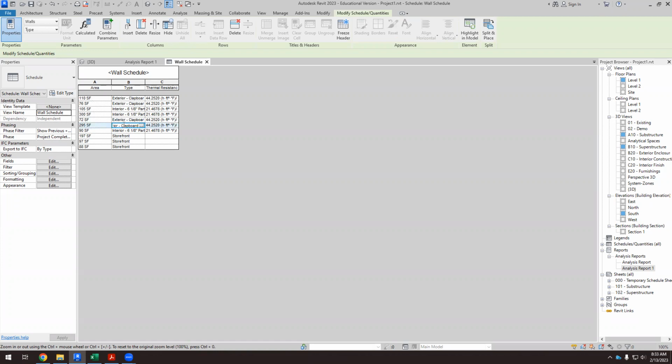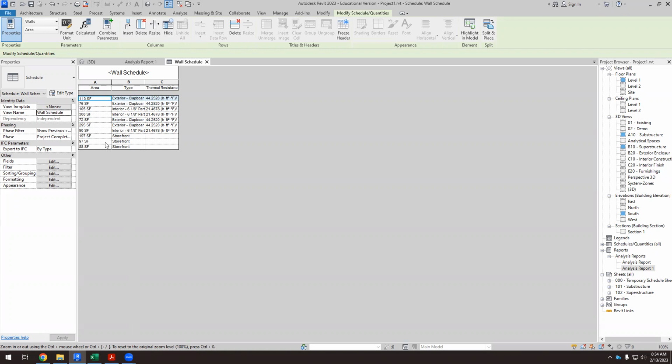Okay, so we have to look at the exterior walls. This is exterior, 295, 72, 76, and 110. Okay, so that's easier because we can create that schedule, and here we have all the information.